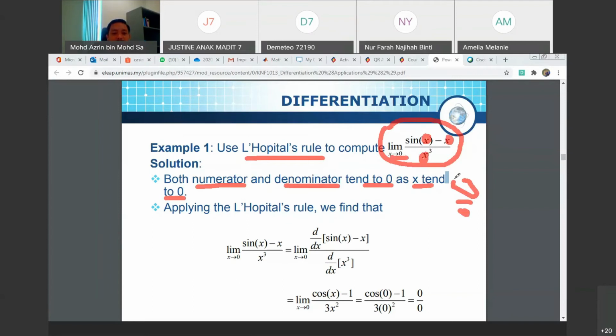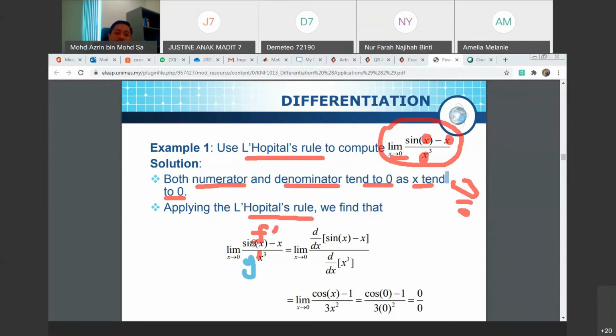Okay, now you need to apply the L'Hopital's rules. So applying L'Hopital's rules means you need to differentiate this function and differentiate this function, ataupun g(x) lah, g prime.